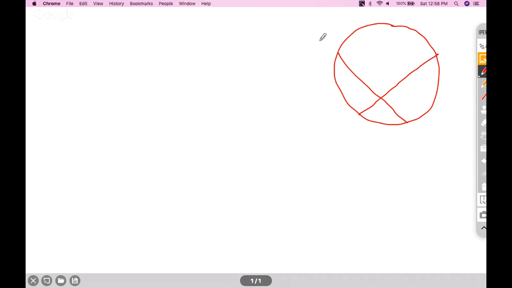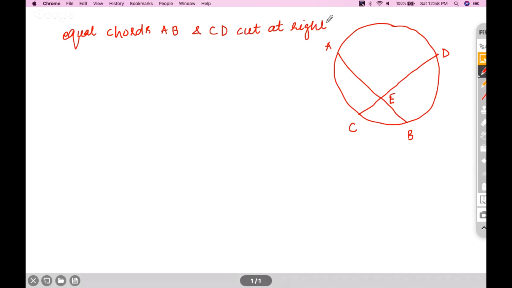There is another chord CD, and they cut at E. So I'm writing here: equal chords AB and CD cut at right angles at E.